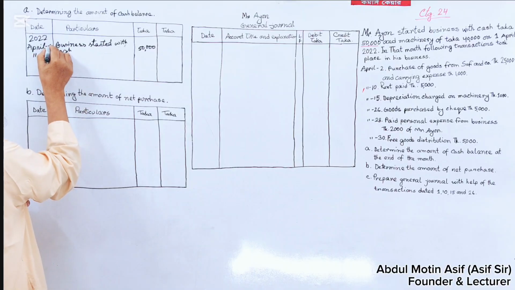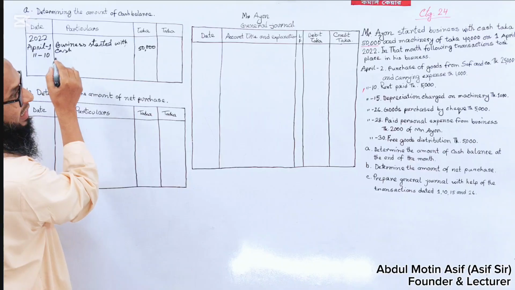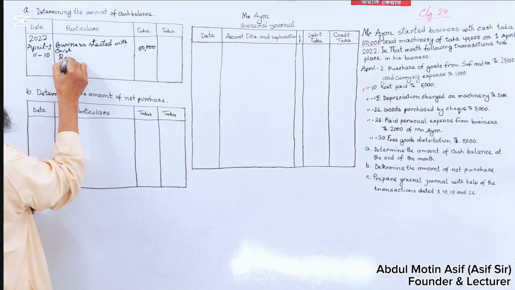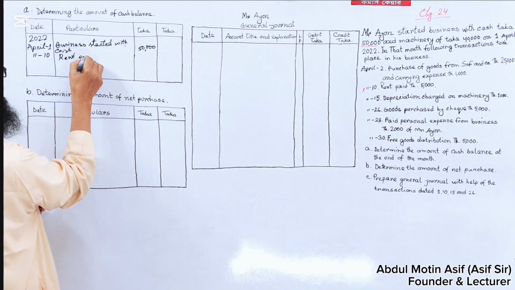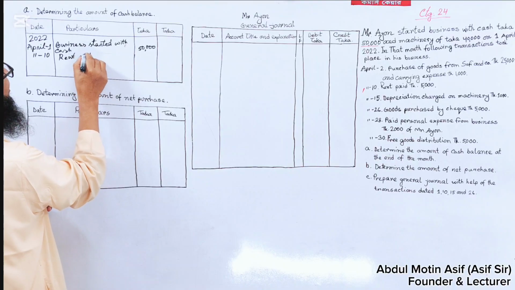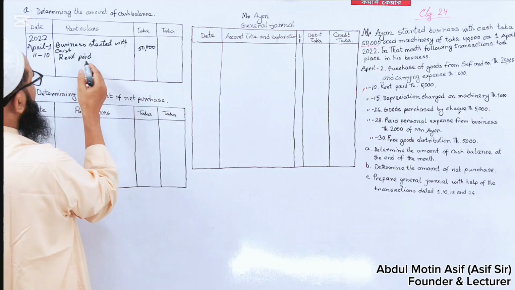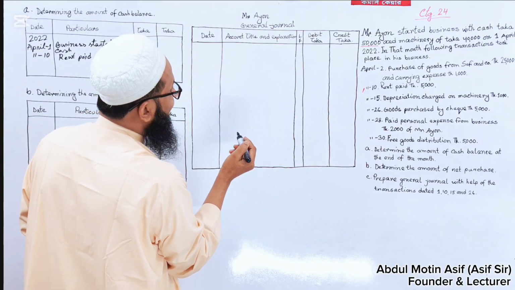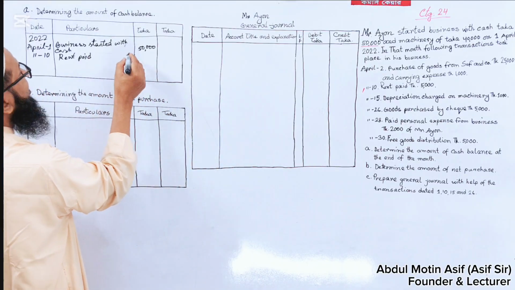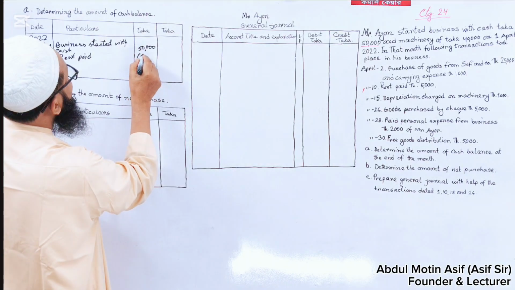First transaction April 1 and the second transaction April 10. Rent paid. For this transaction, our cash decreases, so we will decrease our cash taka 5,000.